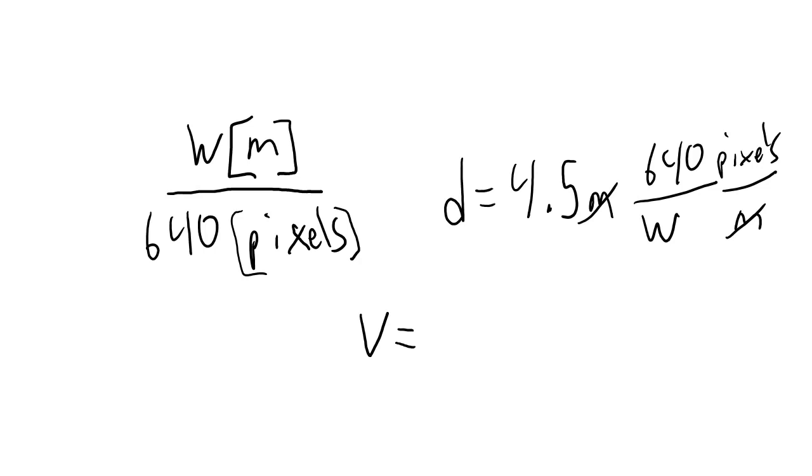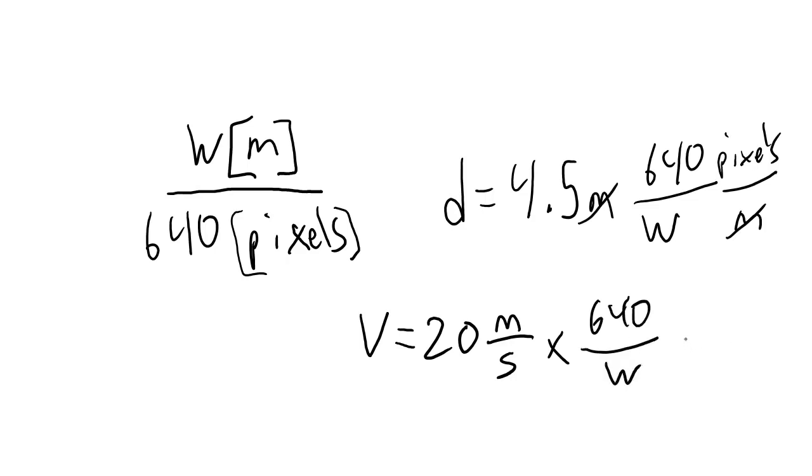So let's suppose that the speed limit on this road is 45 miles per hour, which is equivalent to about 20 meters per second. I can use the same conversion factor I used before to convert this to pixels.